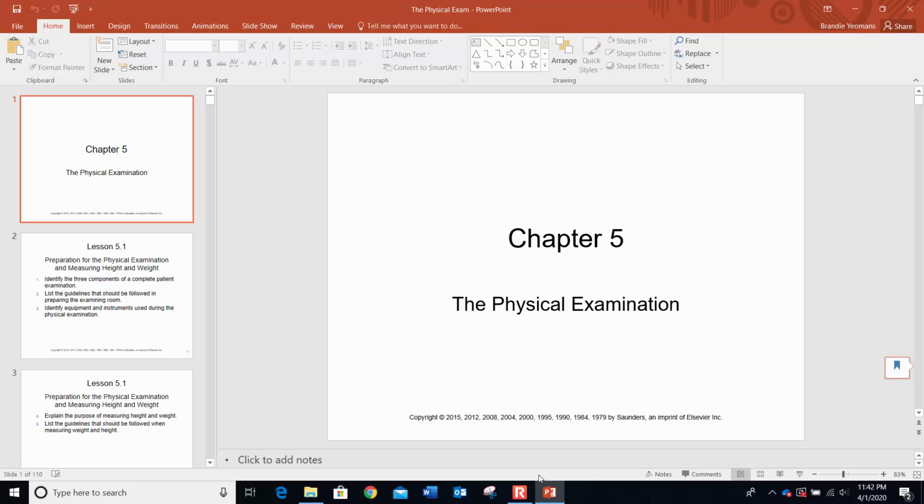So what would be some of the reasons why a patient would need to have a physical exam? Well, we know that from what you're doing now in school. You might need one for school. You might need one as a prerequisite for an employment opportunity, so we call those pre-employment.